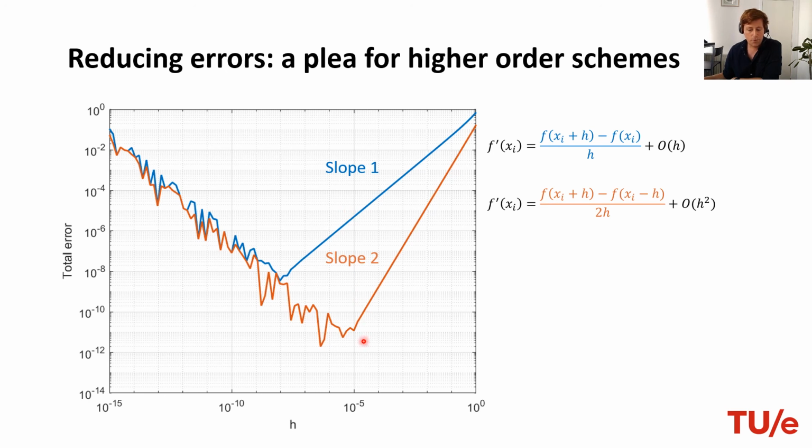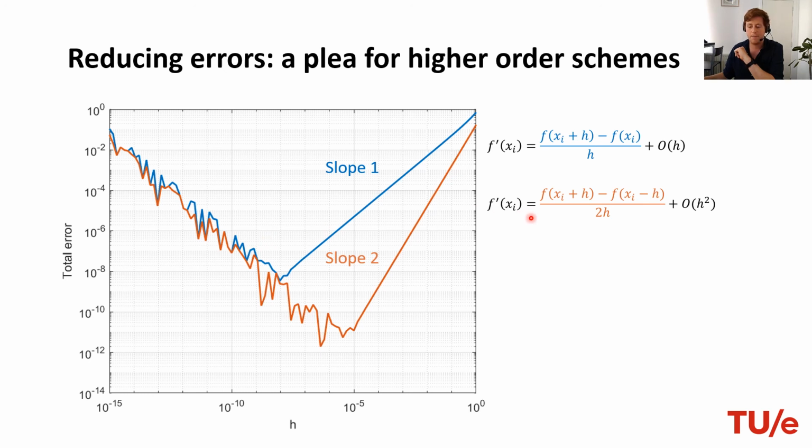We see also that the slope where the rounding error is dominant is completely the same for both cases, and this has a slope of -1, because we saw that this rounding error has a form of something like 2 epsilon over h.